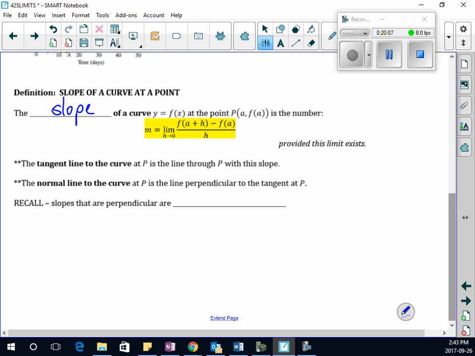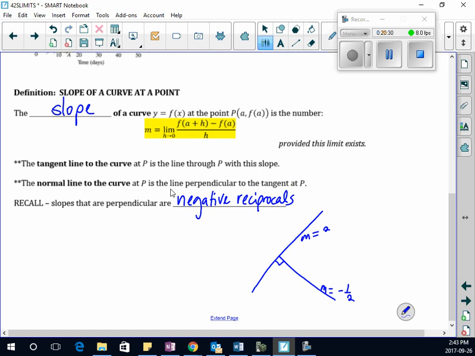Perpendicular are negative reciprocals, or opposite reciprocals, however you want to say it. What does that mean? If the slope is 2, then something that's coming off of here at 90 degrees, what would this slope be? Negative 1/2. Does everybody see what I mean by negative reciprocals? Yes?